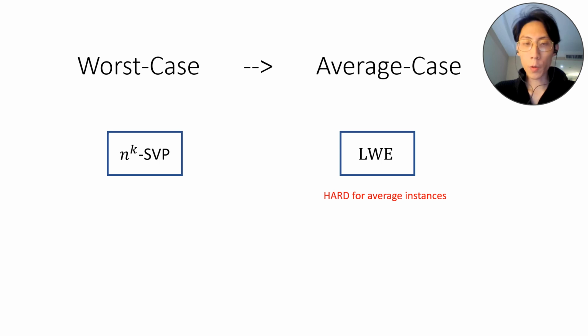As such, we want the problem to be hard for most of the instances. So over here, the average-case problem that we are looking at is learning with errors. And as it can be used to build a public key cryptosystem, the final goal we want is to show that learning with errors is hard for average instances.